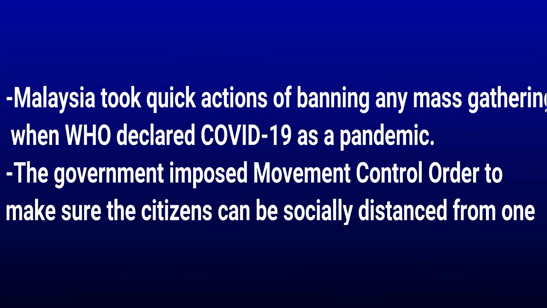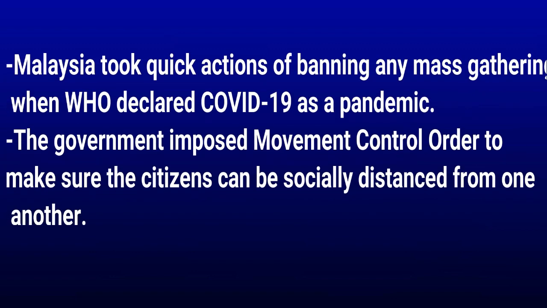So when we're talking about nationwide prevention measures, we will look at how countries responded to this pandemic. So first we will look at how Malaysia handled this pandemic. We can say that Malaysia responded quite quickly, especially when WHO declared this disease a pandemic.